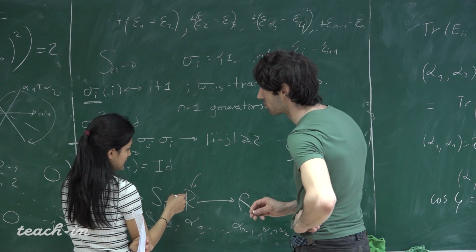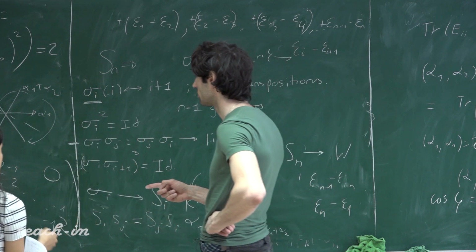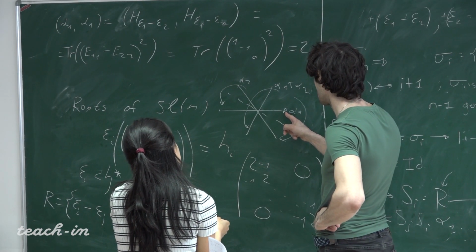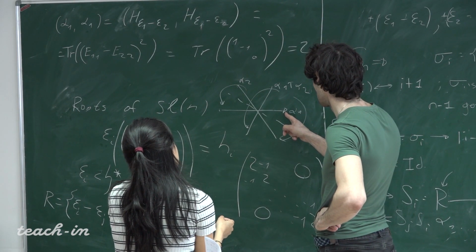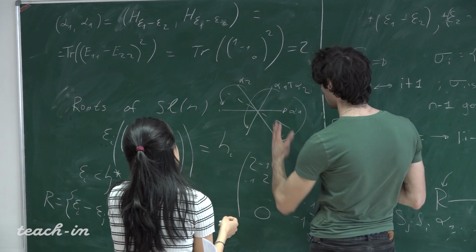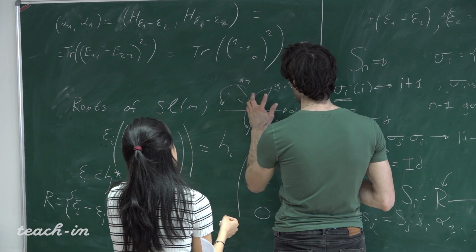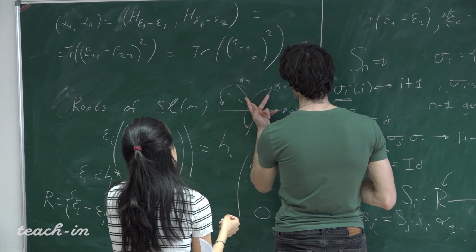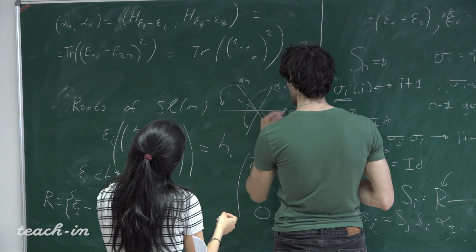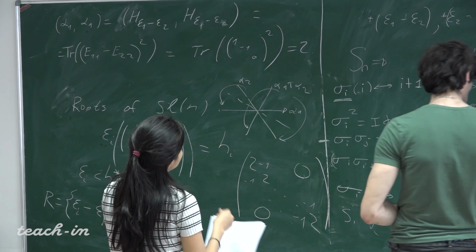Right? Because, for example, if you consider just a simple transposition corresponding to alpha, this will permute this too. And the other one permutes this too. I'm just worrying.